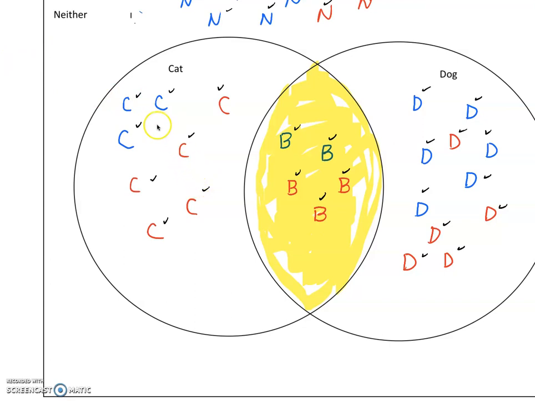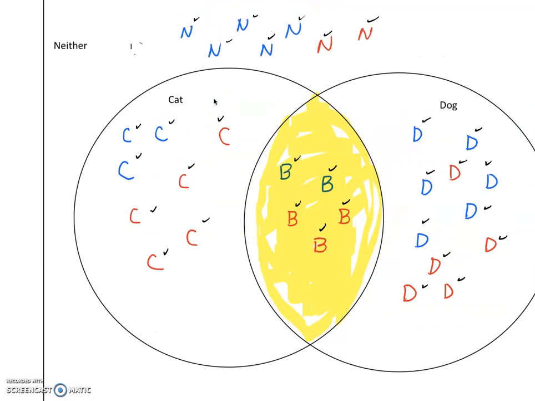So cat or dog, remember, means cat only, dog only, or both. So we need to count everything that's within the circles. So that's 1, 2, 3, 4, 5, 6, 7, 8, 9, 10, 11, 12, 13, 14, 15, 16, 17, 18, 19, 20, 21, 22, 23, 24.